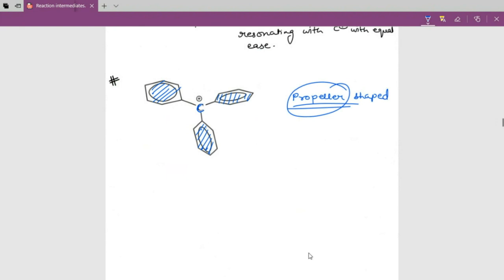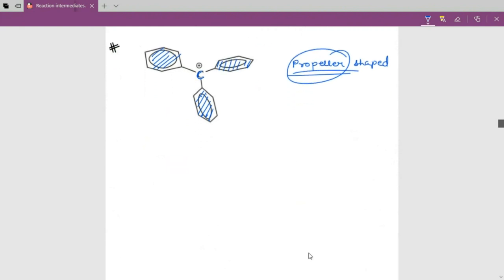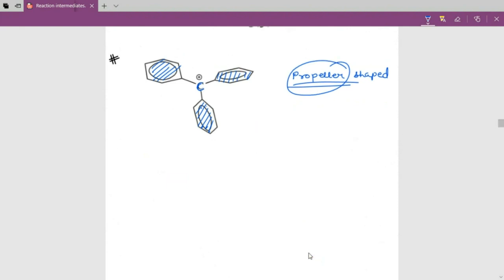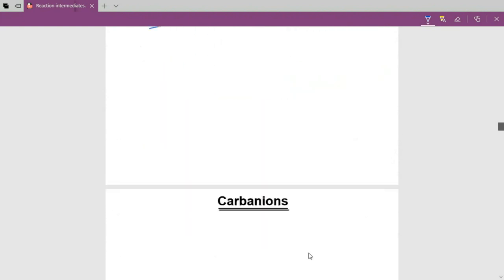But all 3 rings are not in a plane with each other. Just remember this, very important. A question may directly come, which of the following structures is a planar structure? Cyclopropyl methyl is relatively more planar, but not overall planar, yet relatively more planar than this one.